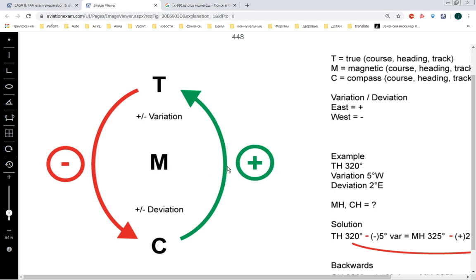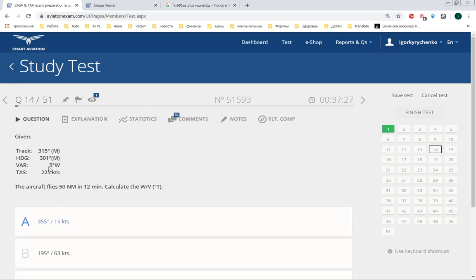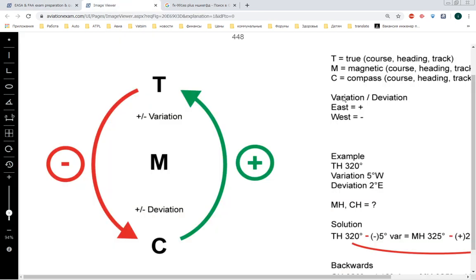So we need to add some value, but don't forget we have 5 west. West means minus. Here is the information. Why minus?